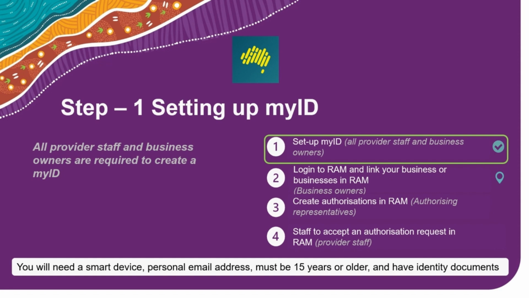You will also need a personal email address. As it's your personal digital ID, your ID documents will be linked to the email that you choose. It should not be a shared or work email address. You need to be 15 years or older, as age restrictions may also apply to use some government online services. And you will need your identity documents.